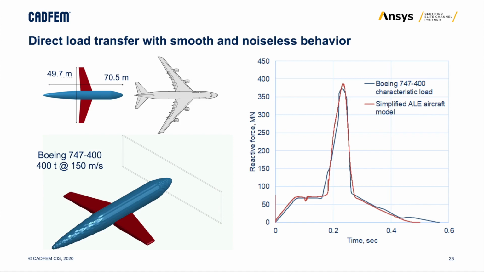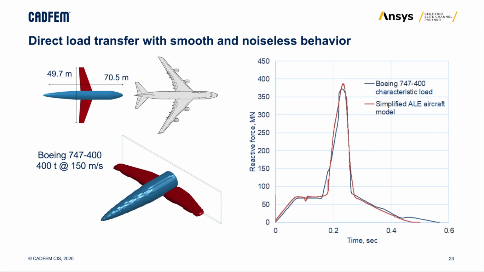So, the results of our work. For example, you can see the model calibrated to represent a Boeing jumbo jet impact. The blue curve is from the Riera input, and the red curve is the result of the fluid-structure interaction reaction from our ALE model.